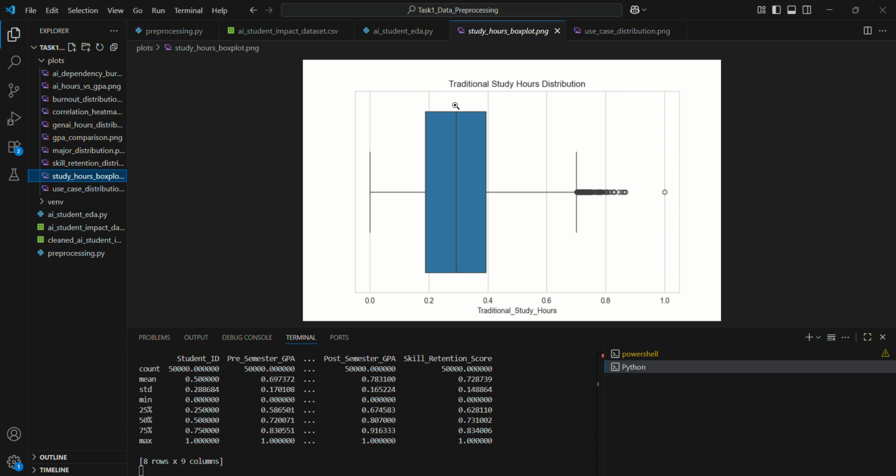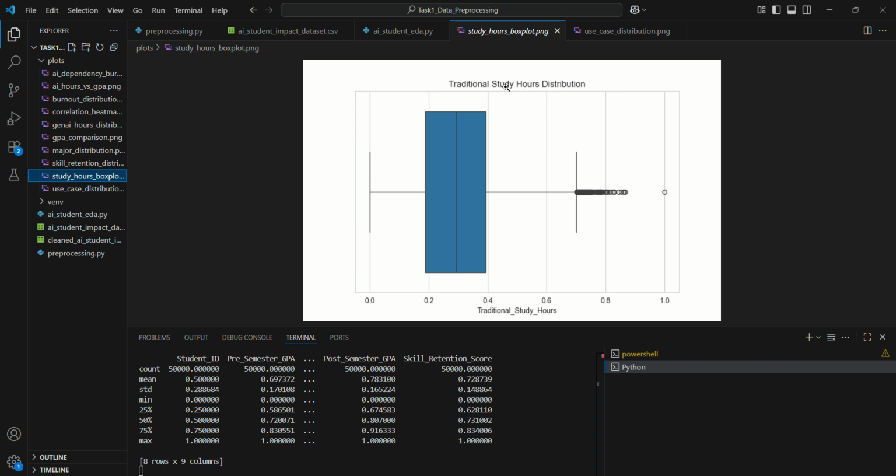This line indicates the median, and we have two whiskers here. This is the shorter whisker, this is the longer whisker, and this is the minimum value, this is the maximum value. And as you can see, we have some outliers here represented by these dots.